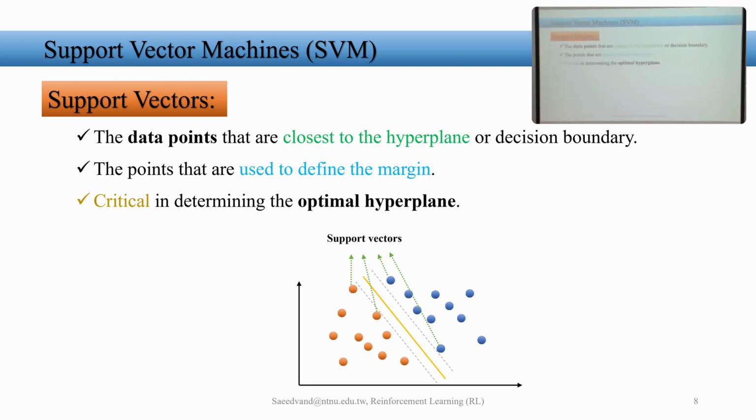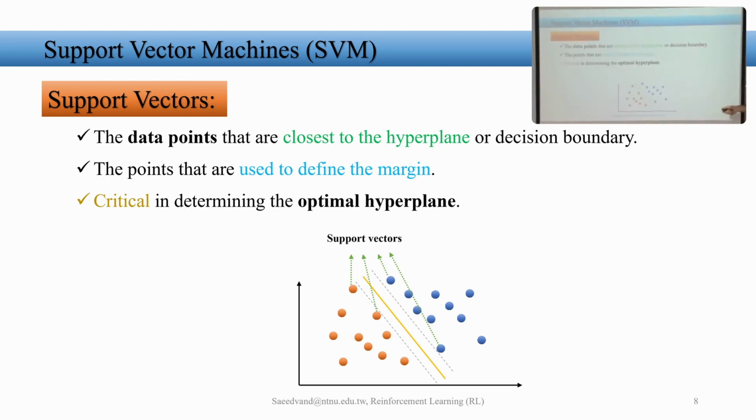So we want to define some closest points to the hyperplane, then use them to also define the next term that we have, the margin, as we will see. So it is critical to determine the optimal hyperplane when we want to define them.